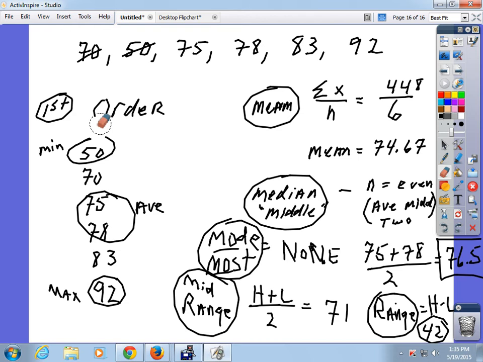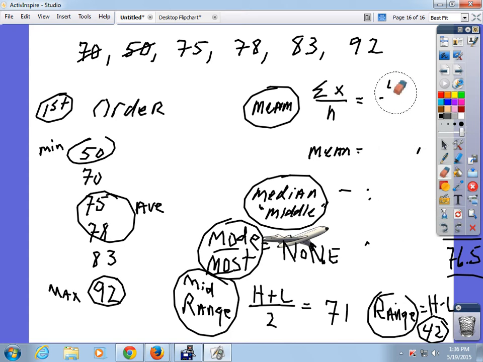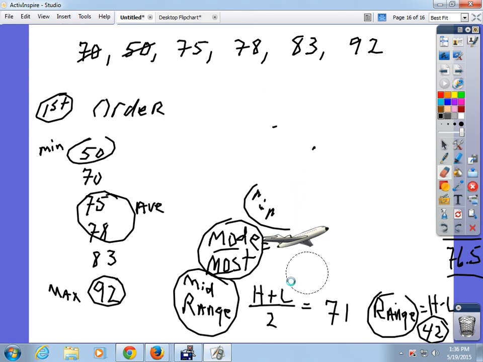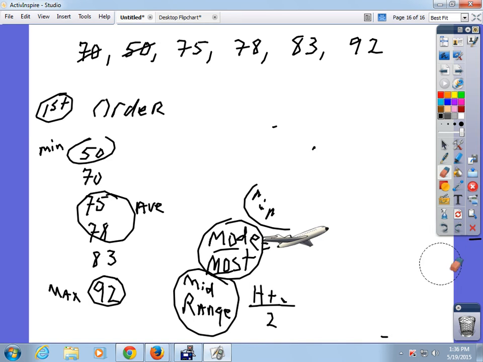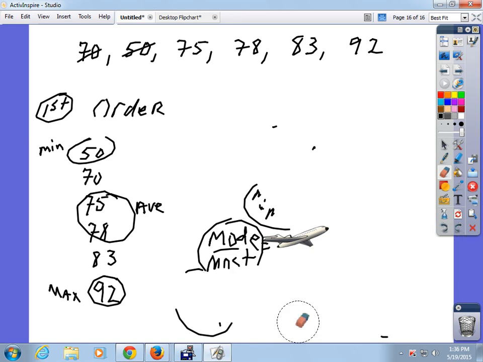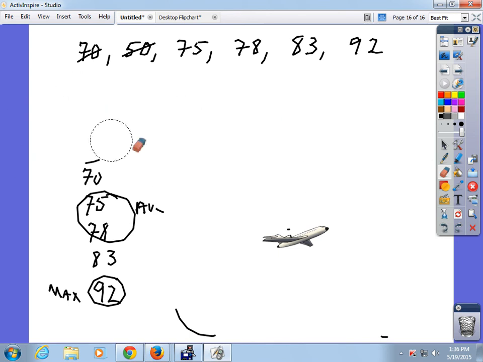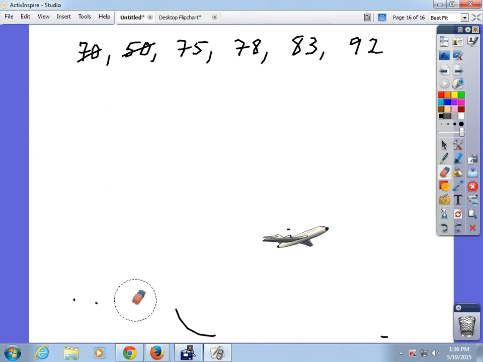Now, I'm going to erase this, and we're going to talk about, actually, I did the wrong thing. Now, in order to do the standard deviation, you need to know the formula for the variance and the standard deviation.